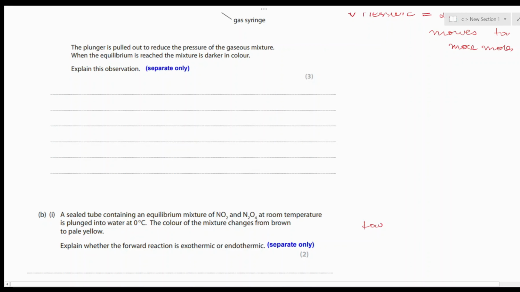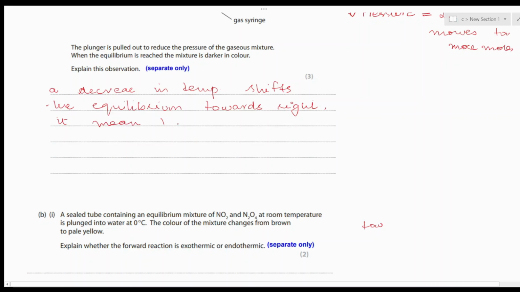A decrease in temperature shifts the equilibrium towards the right. It means that the reaction is exothermic.